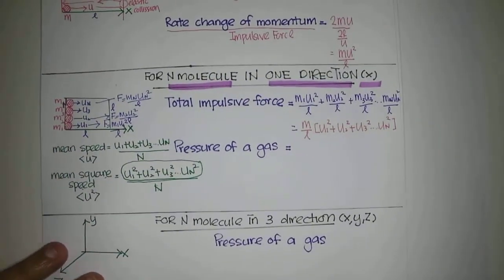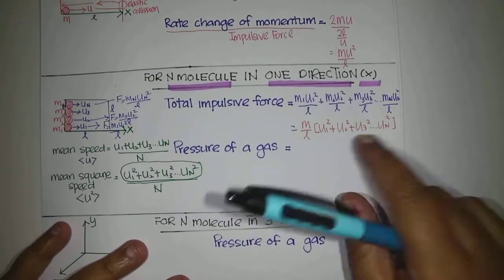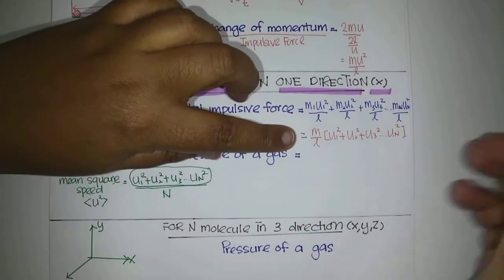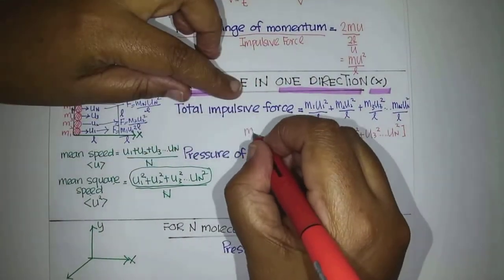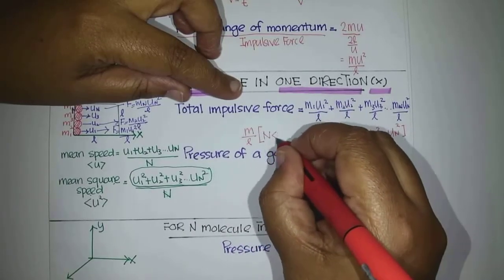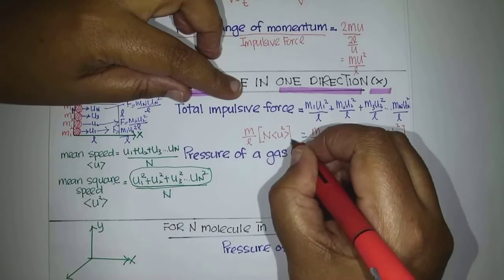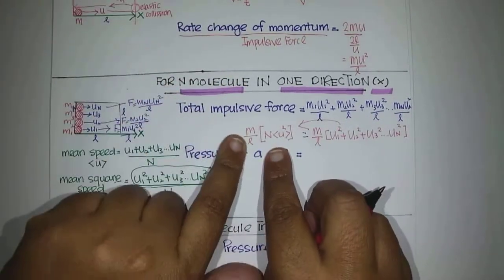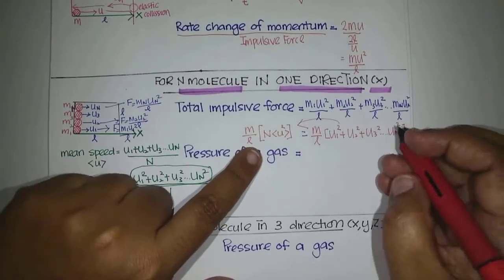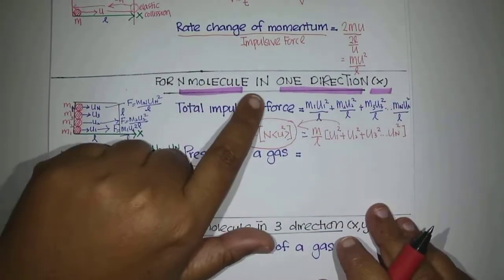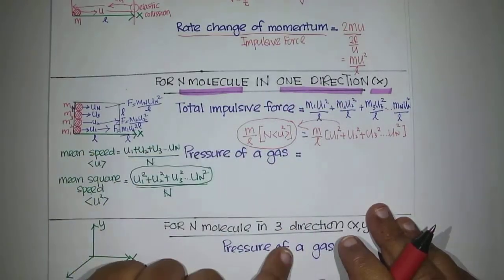The formula becomes m over L times N times the mean square speed. Correct? So this will be the total impulsive force for N molecules in one direction.